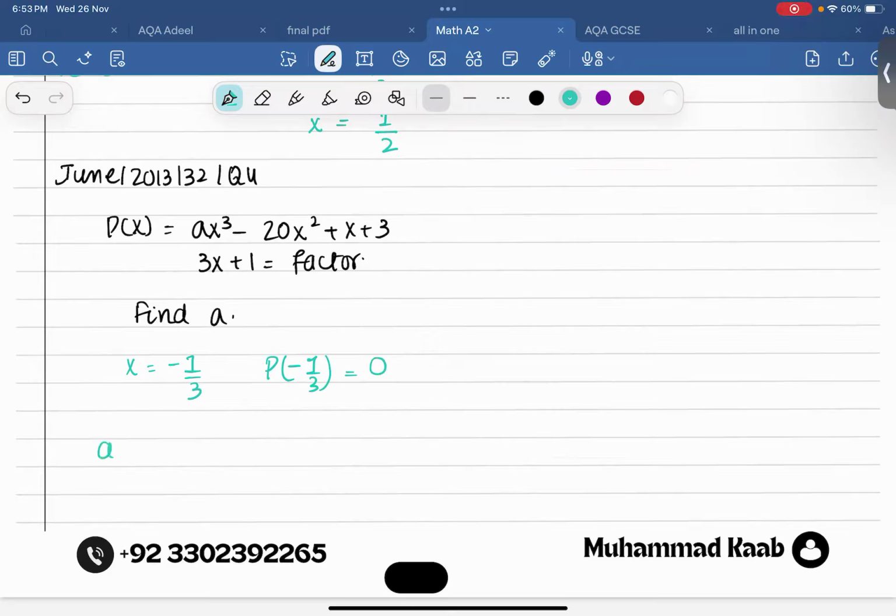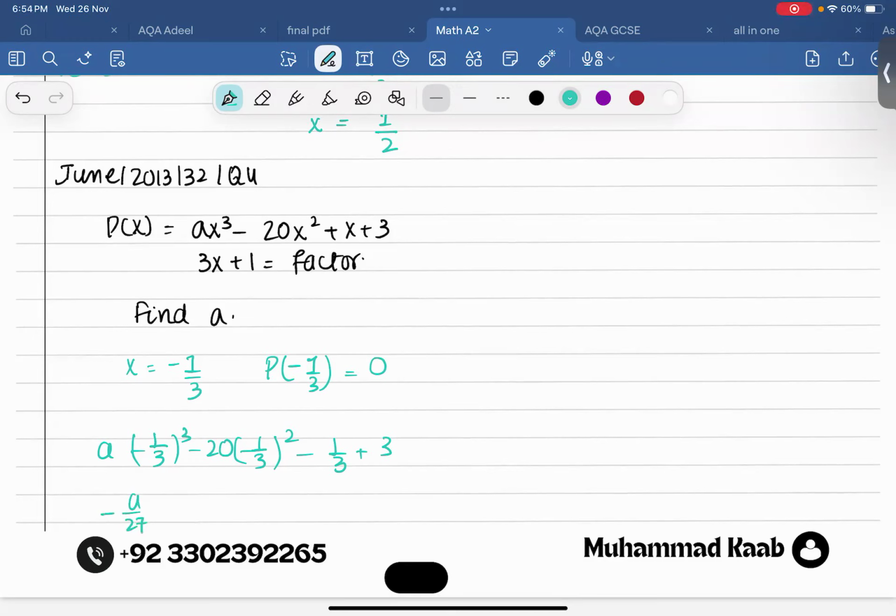So let's put in, so negative 1 over 3, cubed, minus 20 into negative 1 over 3 squared, plus, sorry, negative 1 over 3, and then plus 3, right? So just solve it and that is the cube, okay? So this is a times negative a over 27, right?